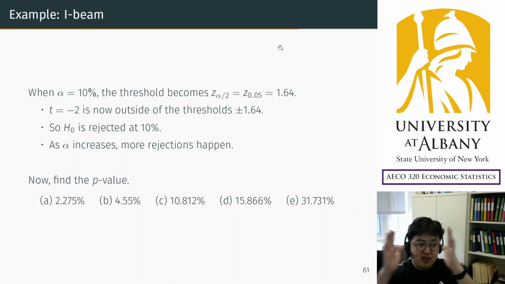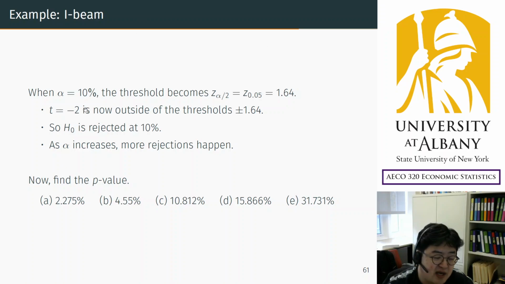Now you are narrowing down the allowed margin for error. So now it is plus minus 1.64, and your observation is -2, which is outside of the threshold. So you have to reject the null hypothesis. Your difference is larger than what you are allowing for. So you reject. Okay, this is the t-statistic approach.